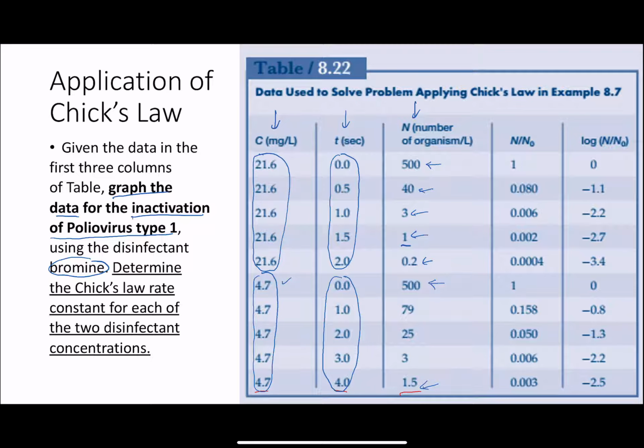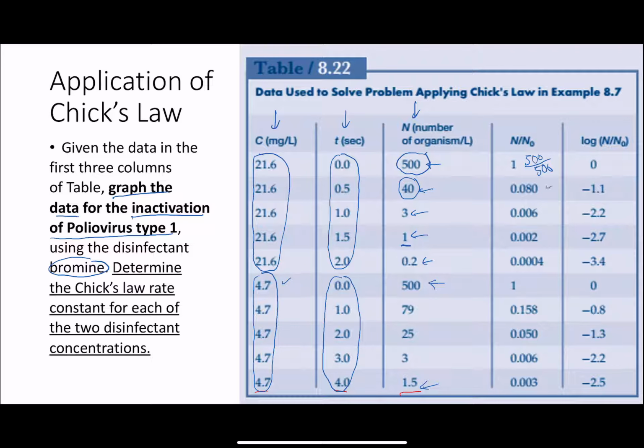So, you can see what is Nt. Initially, it's 500. And what is the final one? Still 500. So 500 over 500. This is Nt, 40. What is N naught? 500.